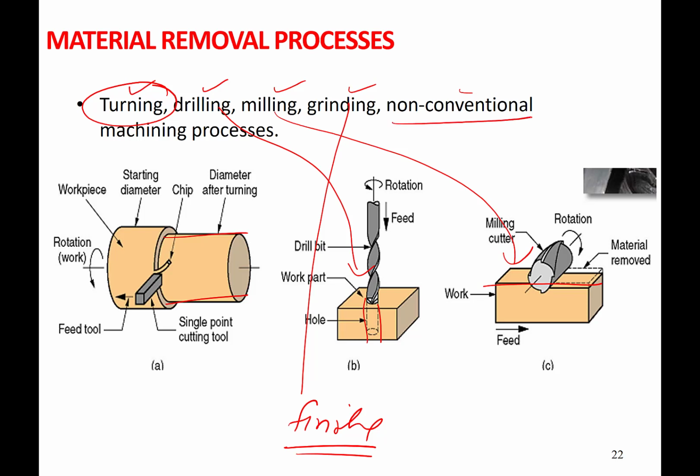And for metals that are very difficult to machine, very difficult to cast, very difficult to form, which cannot be processed using these conventional processes, they are manufactured using the unconventional processes.